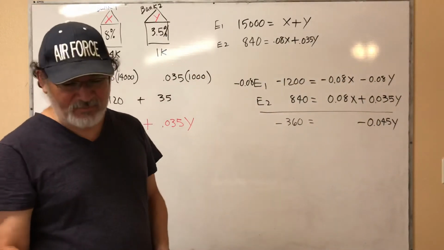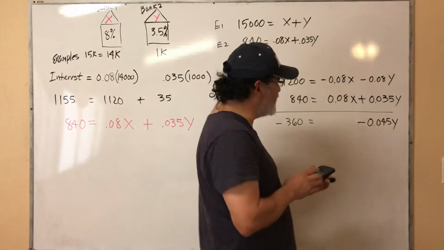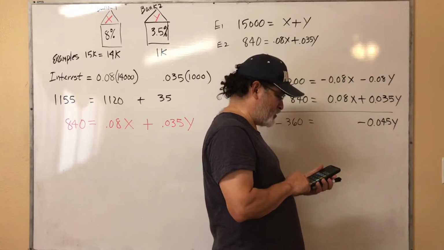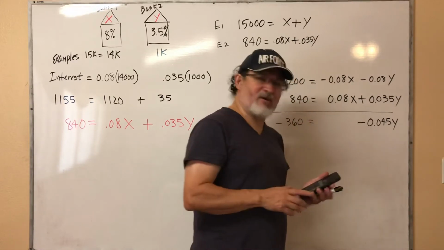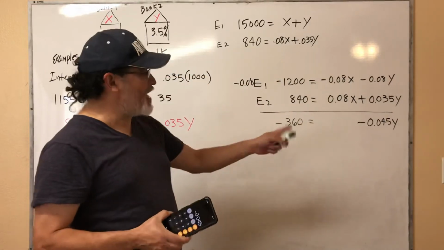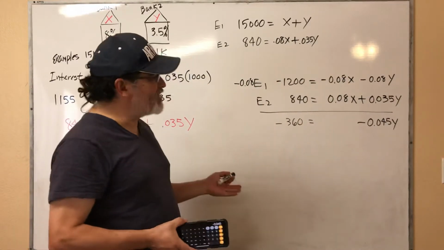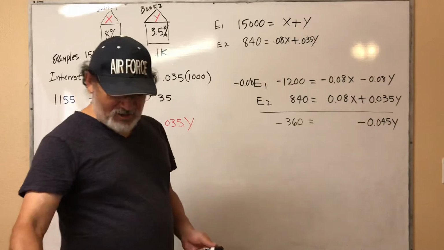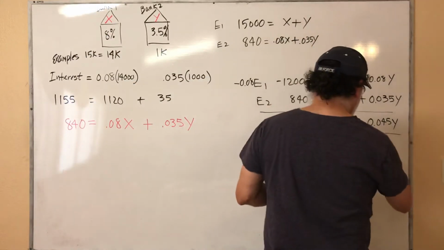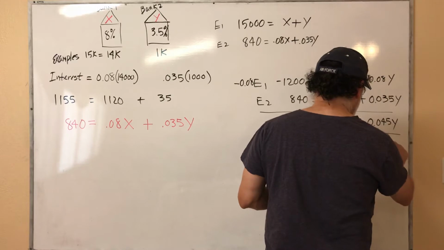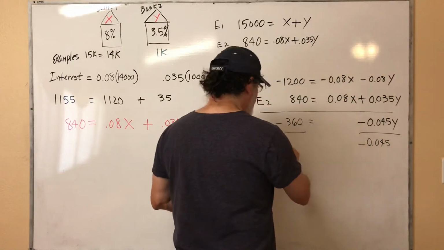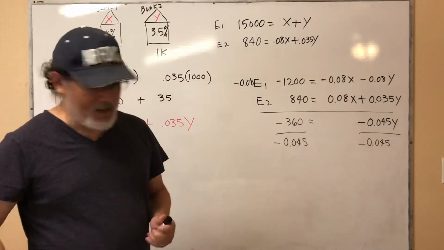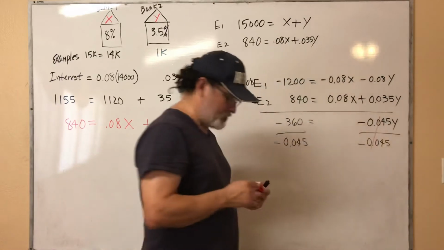Okay? Let me check my work one more time. So let me see, 0.035 minus 0.08, and it confirms. Now I'm going to divide both sides by negative 0.045. So divide this by negative 0.045, divide this by negative 0.045, and we're going to get y, because those two cancel.